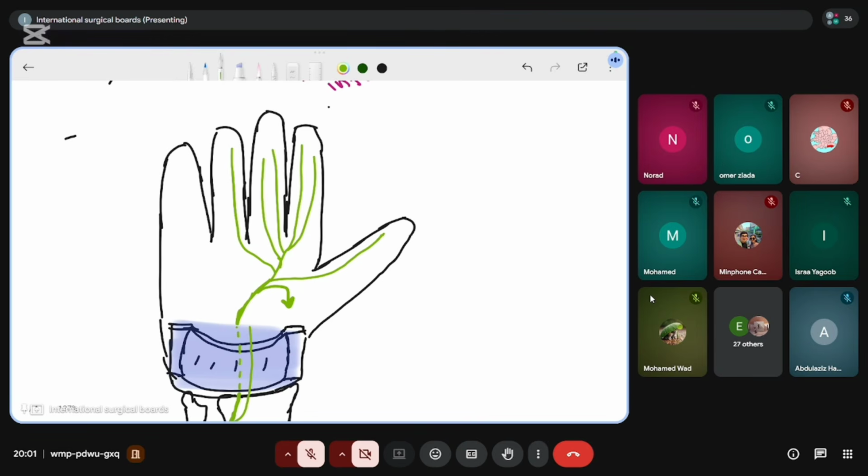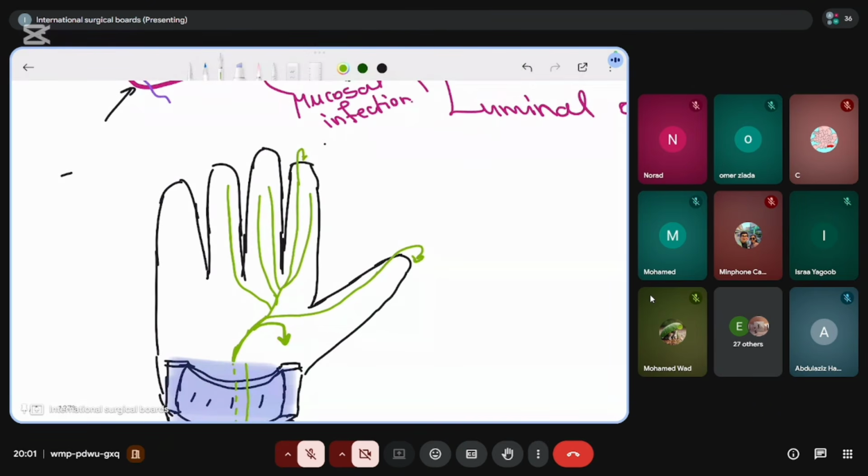Plus, they move onto the dorsal aspect of the same digits to supply skin over the dorsal surface of the distal phalanges of the same fingers.